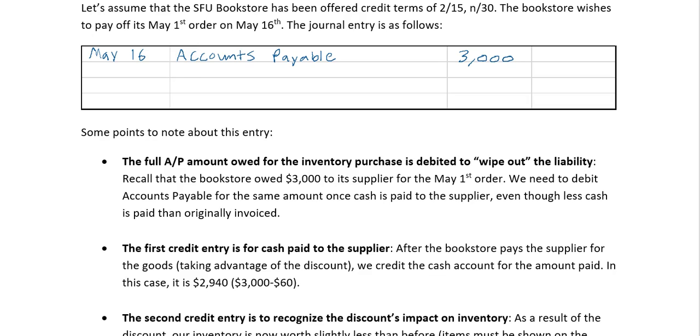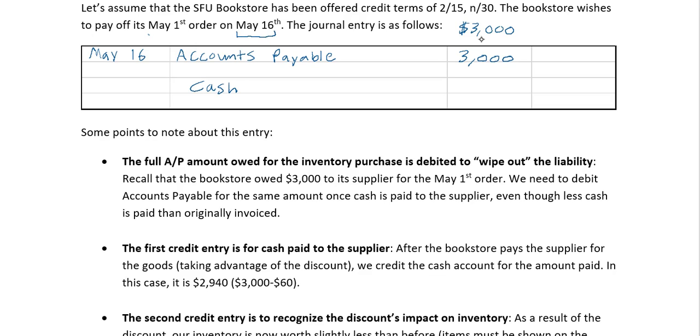Then we have cash, and you'll note that I've left a line up there, and there's a good reason for that, which we'll see later. Right now, our concern is to figure out how much cash we actually paid. So we owed $3,000, and we paid on May 16th.